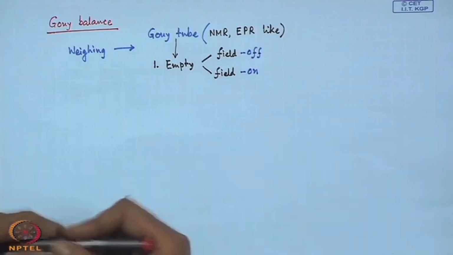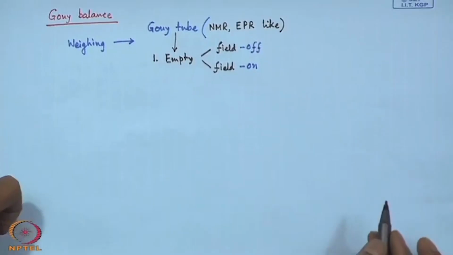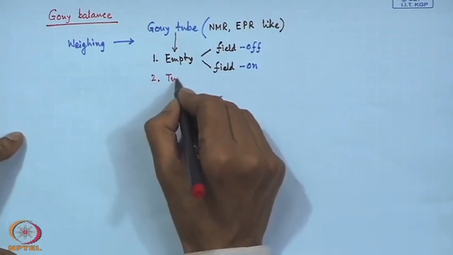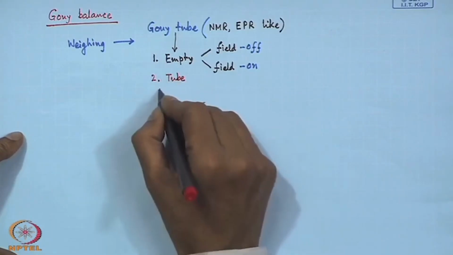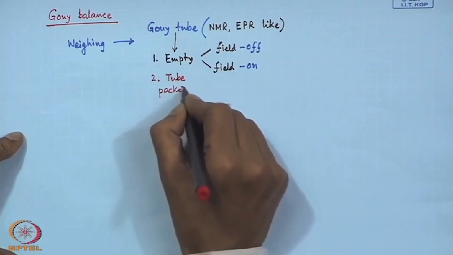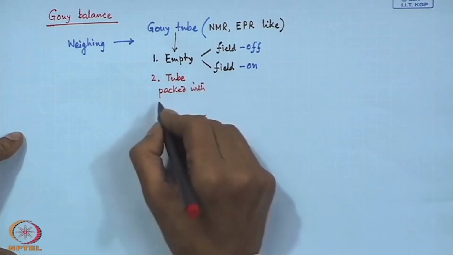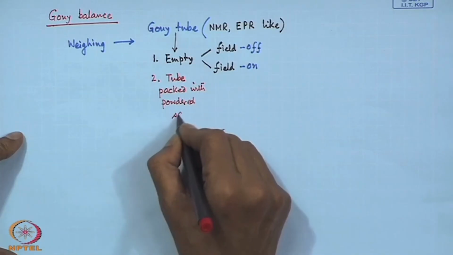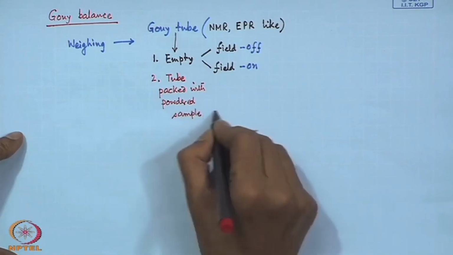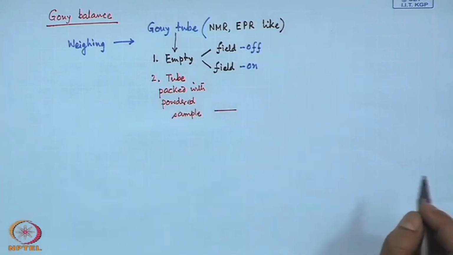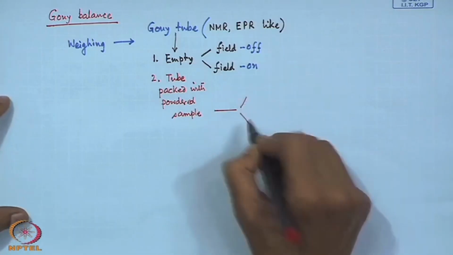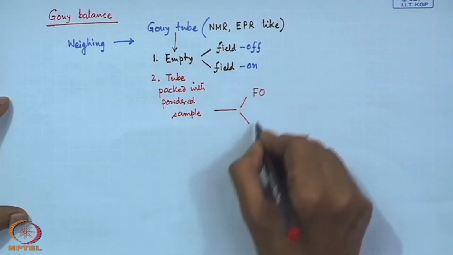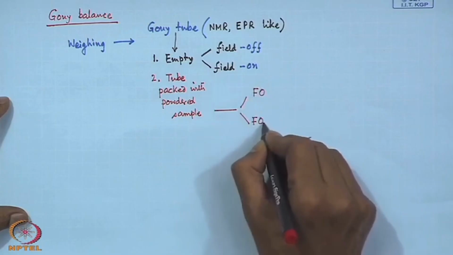Then in the second step, the tube is packed with powdered sample of the compound, and again we take the two weights, field off and field on.